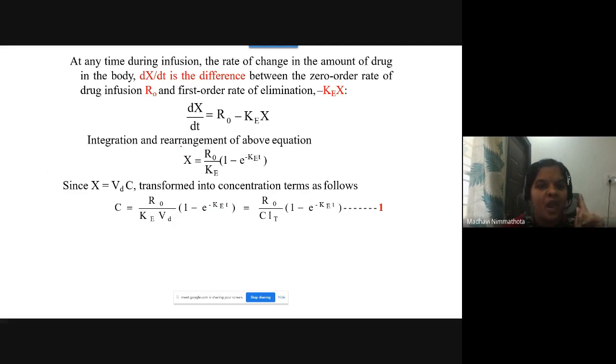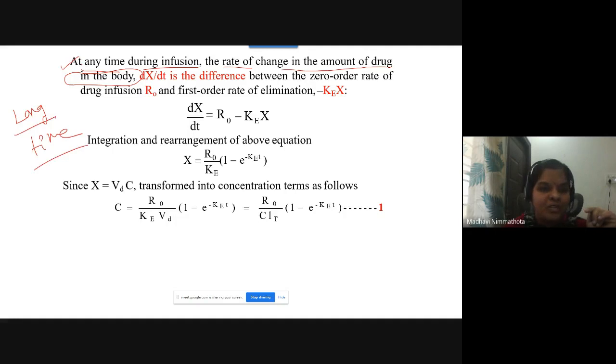Only one thing you have to remember in the one compartment open model: in case of IV bolus, we have seen first order elimination, while in case of IV infusion, the zero order infusion rate is there. At any time during infusion, the rate of change in the amount of the drug in the body... I already told you this infusion may take a long time to release its drug.